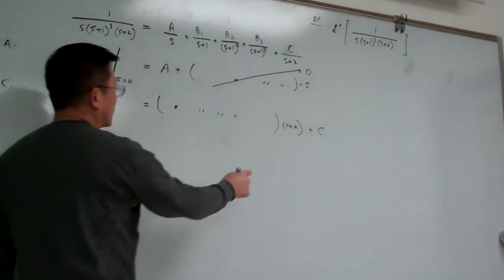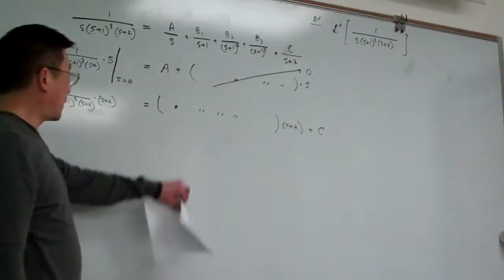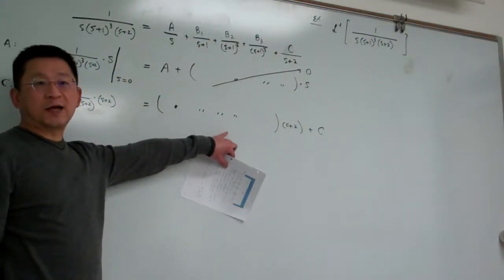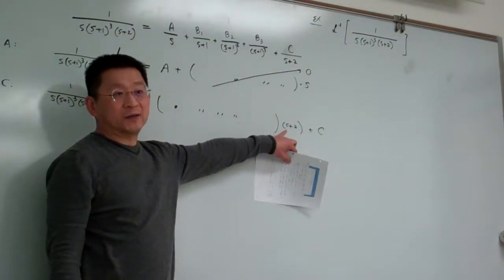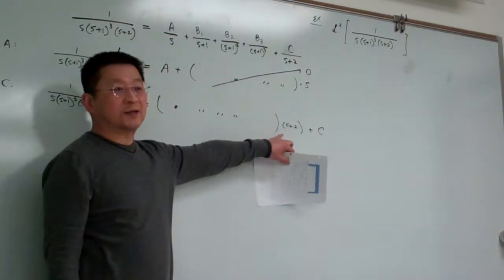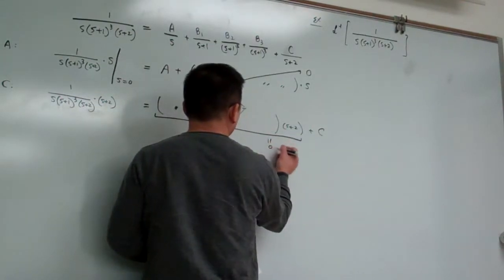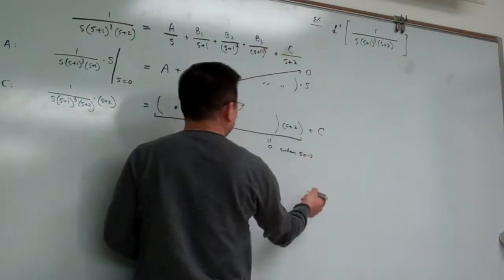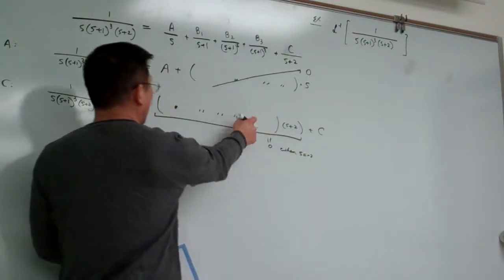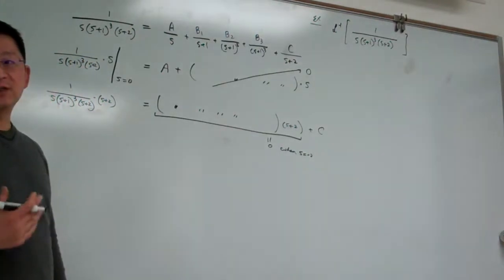So again, to determine the value of C, you can see by observing the right-hand side, if you introduce the value of S equal to -2, then the whole terms will become 0. So when S equal to -2, the whole term becomes 0, so the right-hand side has C only.